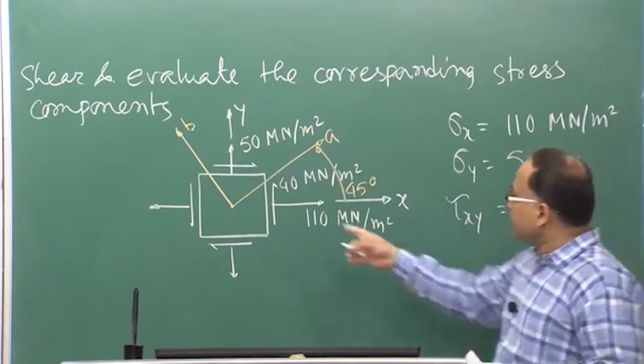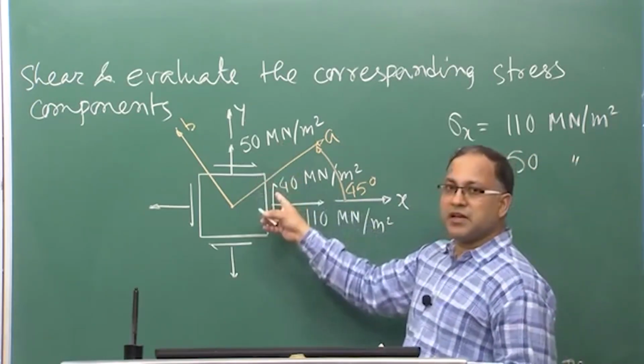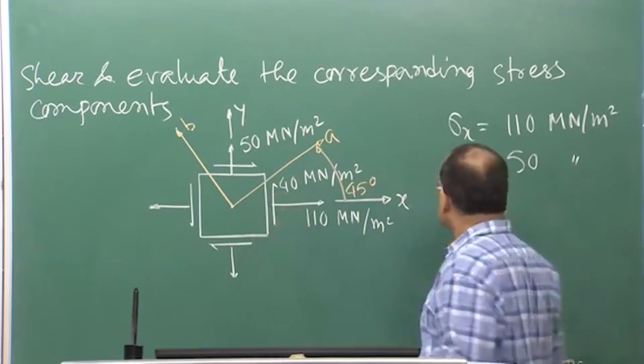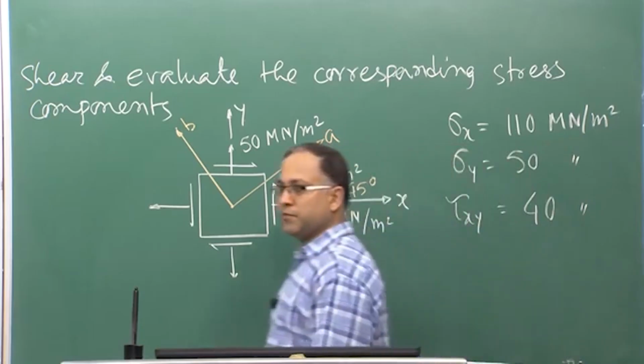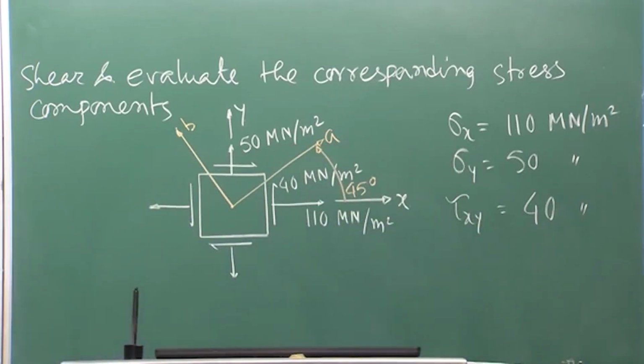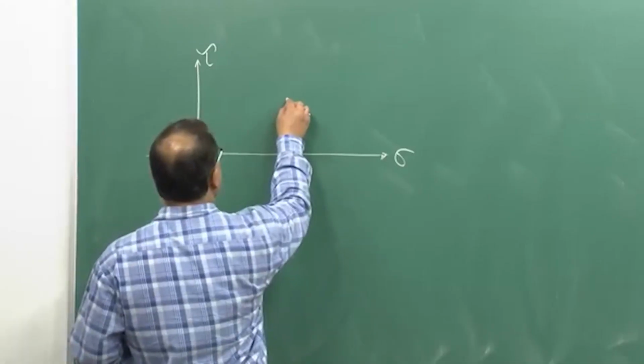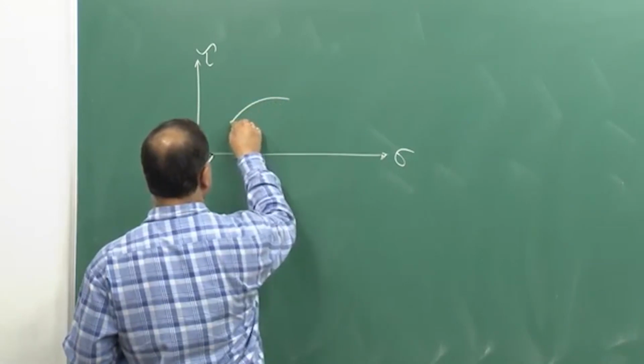That will be positive, because on positive plane along positive direction the shear stress is shown. So, that is also positive 40 meganewton per meter square. So, all stress components are positive, sigma x, sigma y and tau xy all are positive. Okay. So, therefore, the Mohr circle, let me draw it.